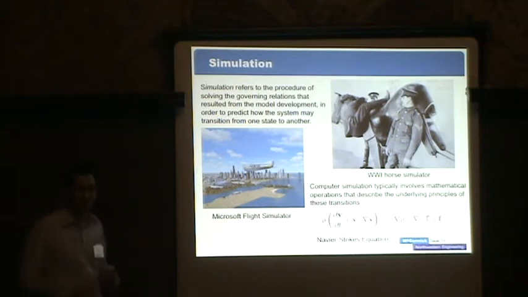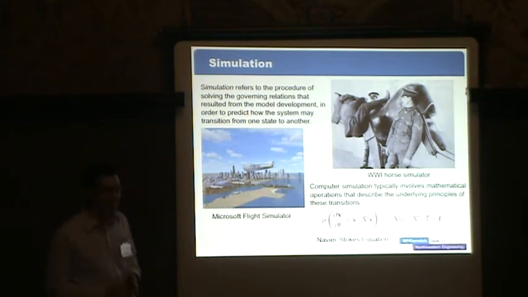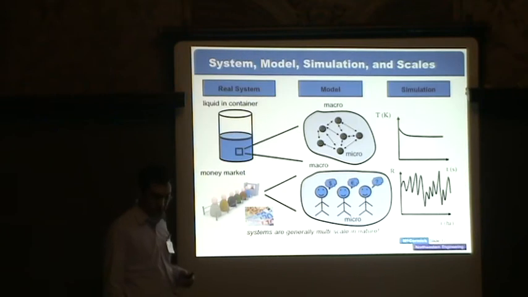This is not really what we mean by simulation from a computational perspective. It's neither this one, the Microsoft Flight Simulator, which actually does have some physics in it, but what we really mean is more of a Navier-Stokes equation kind of problem, where we look at computer simulation and we look at mathematical operations that describe physical phenomena.